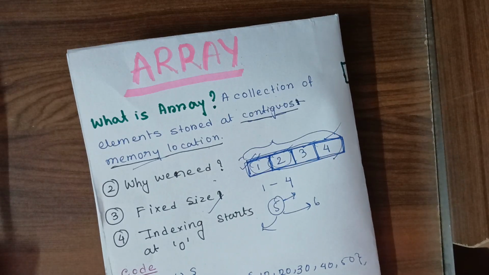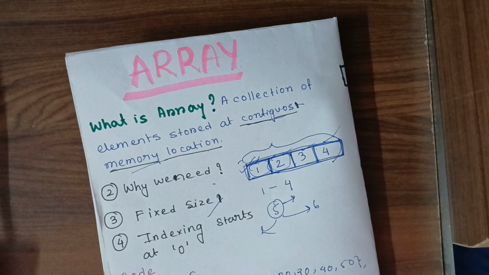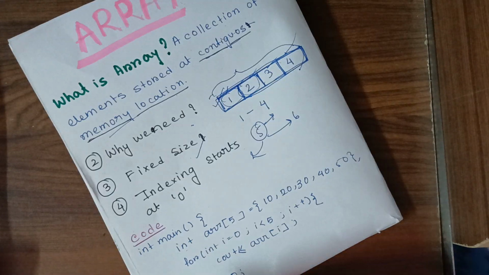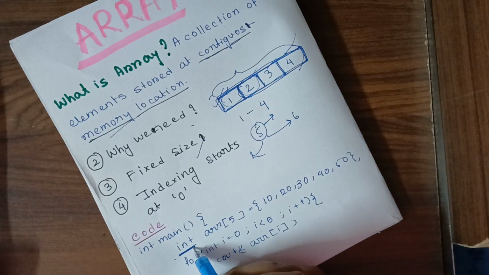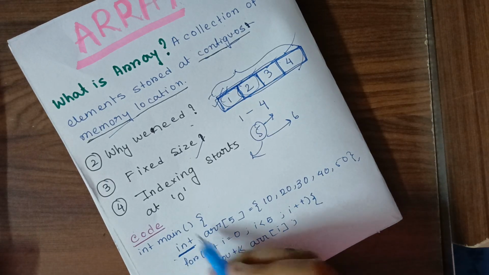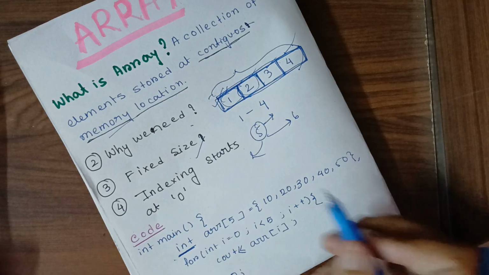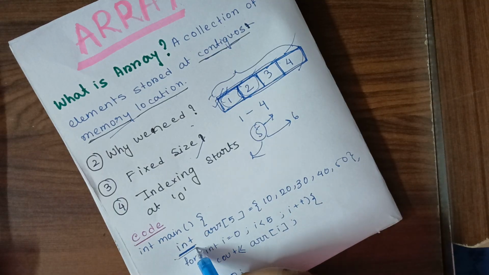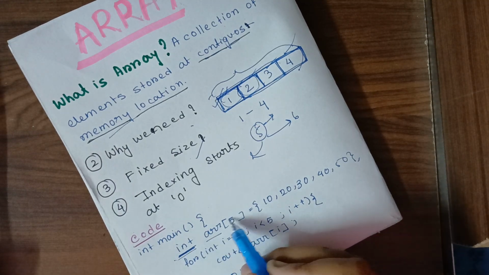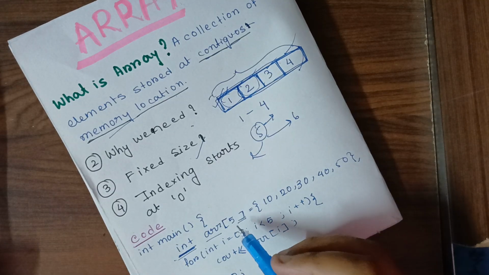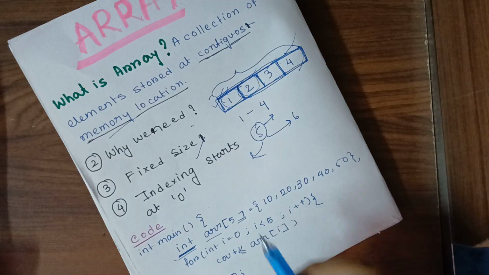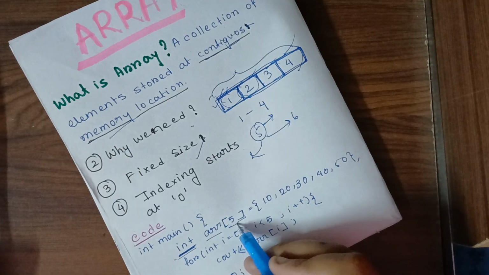Now how to initialize an array? To initialize an array in C++, I write the type of the array. I need an integer type array, means I need to store integers in the array. So I write int, then the name of the array, and here in square brackets I write the size of the array. The array size I want is 5.